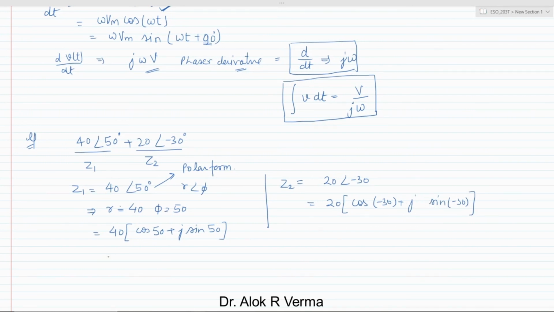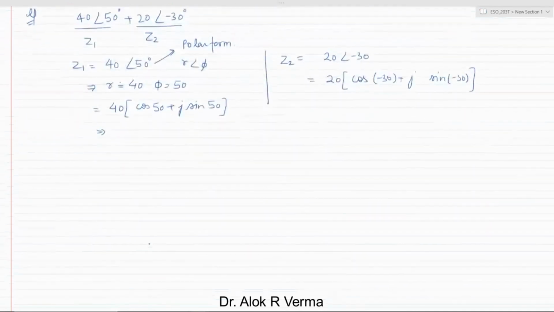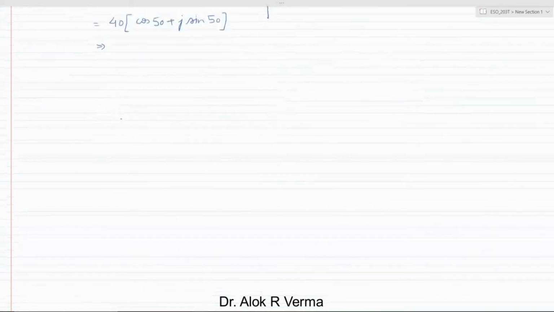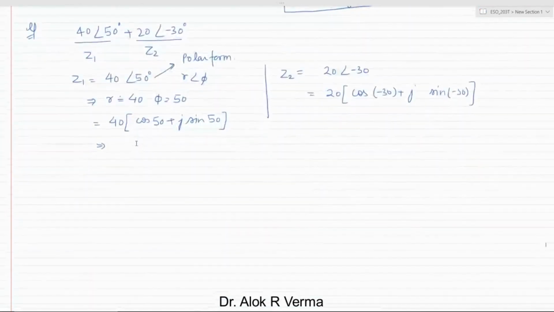Now you can add together, where we can see Z1 plus Z2 is nothing but 40 cos of 50 degrees plus 20 cos of minus 30.